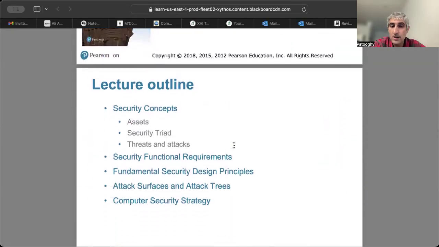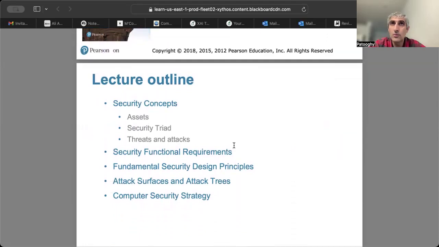These are very important concepts because they later help us understand how different methods, for example encryption, help us protect some of these security pillars.